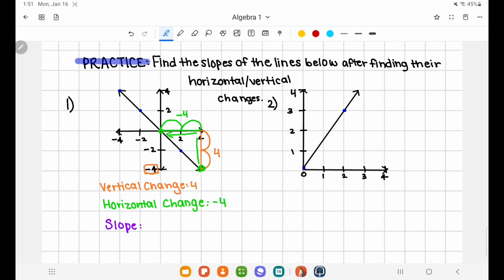So our slope is vertical change 4 over horizontal change -4. But remember, we can still simplify this down because we didn't take the next available point. We took another point. So if we were to simplify this, it just becomes 1 over -1, which is just -1.